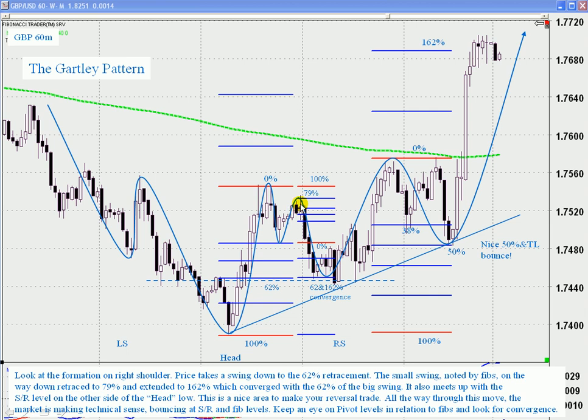Then as the next trading session opens up, we see a leg down to the 62% level, which is a defining support and resistance. And you see this swing down here from this high to this low. We swing back 79% and then down 162%, which converges with the 62% retracement level of the big swing of the upswing, and the defined support and resistance level here.